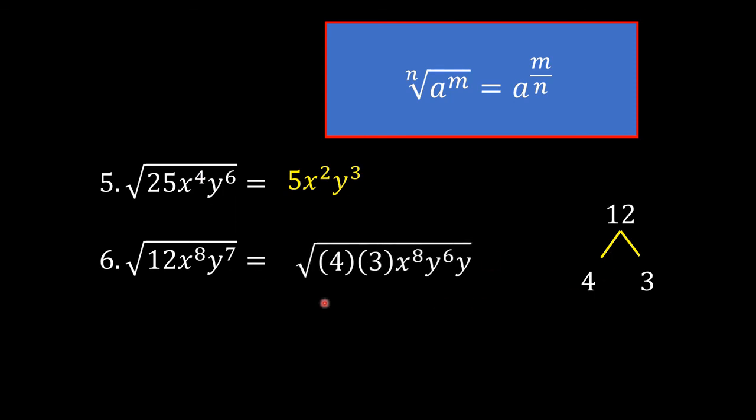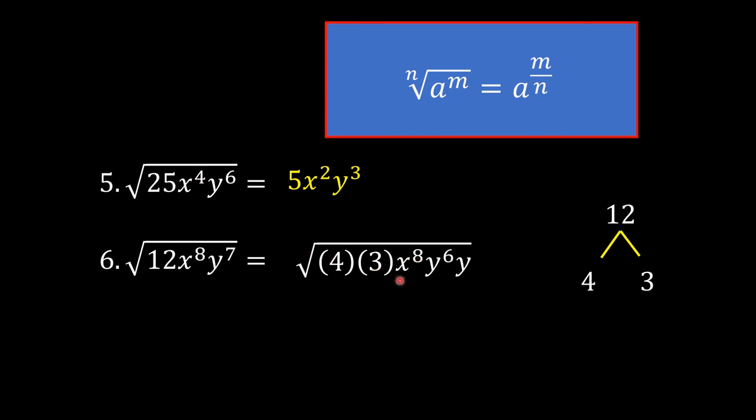So we have now the square root of 4 times 3 times x raised to the exponent of 8, y raised to the exponent of 6, y. The square root of 4 is 2. Write 2 outside the radical sign. The square root of 3 is not exact, so keep it under the radical sign. 8 divided by 2 is 4.